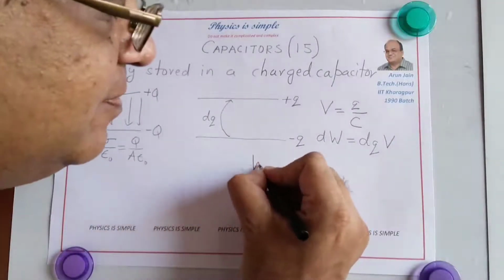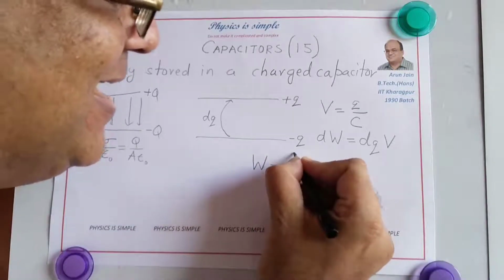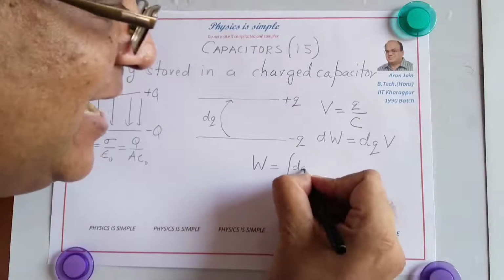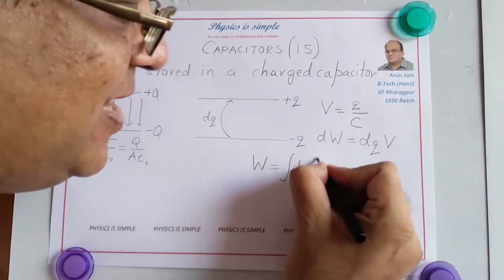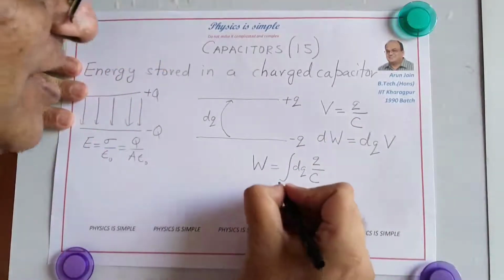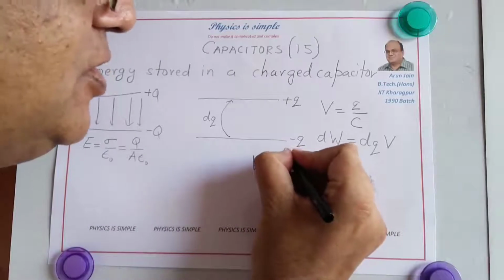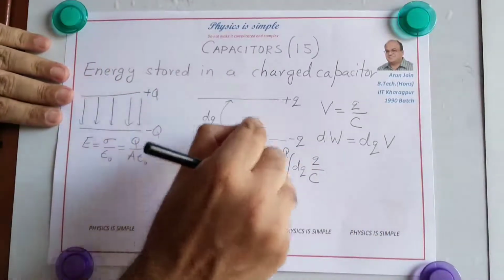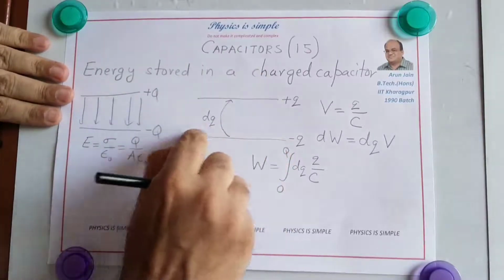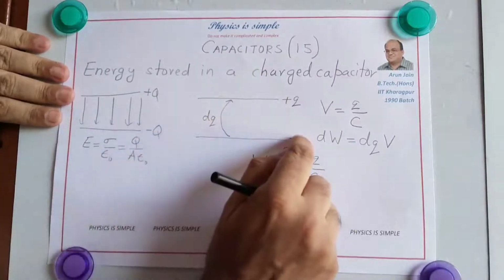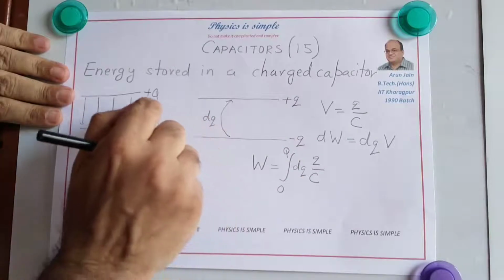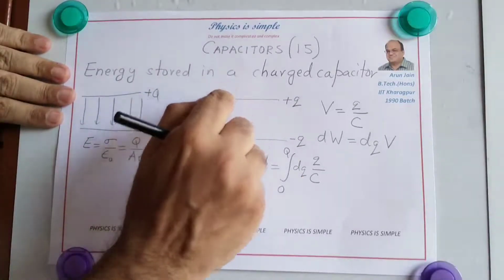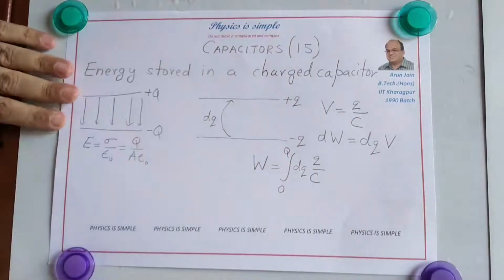So work done will be integration of dq, and V is nothing but q by C, from 0 to capital Q. So we are moving charge in steps of dq from this plate to that plate. Initially both the plates are having 0 charge. Finally we have moved charge Q, capital Q, from this plate to this plate in steps of dq.